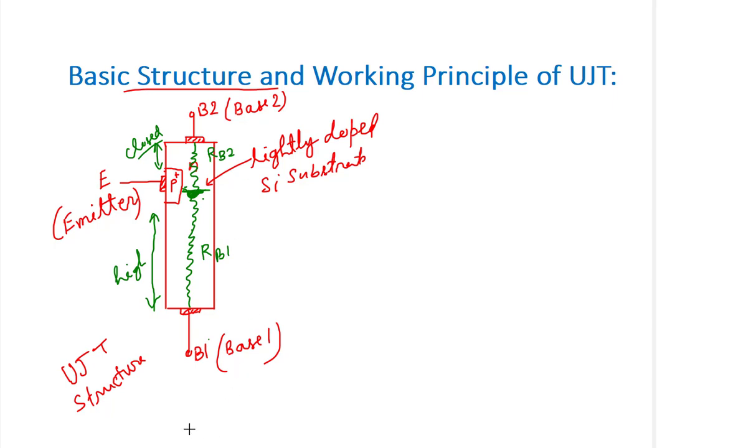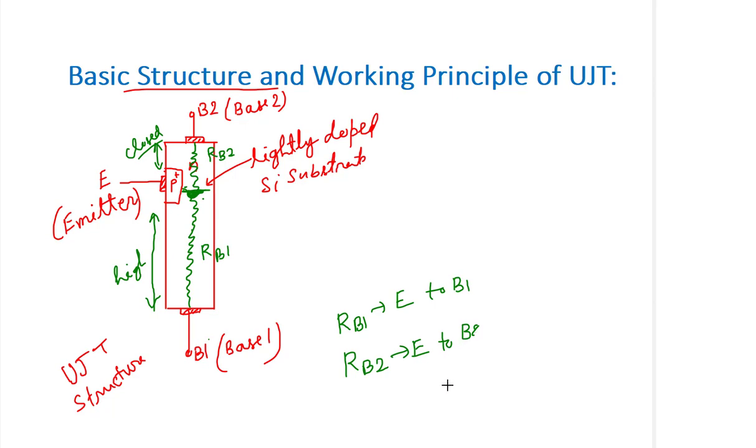So RB1 is the resistance from the emitter junction to base 1, and RB2 is the resistance from the emitter junction to base 2.